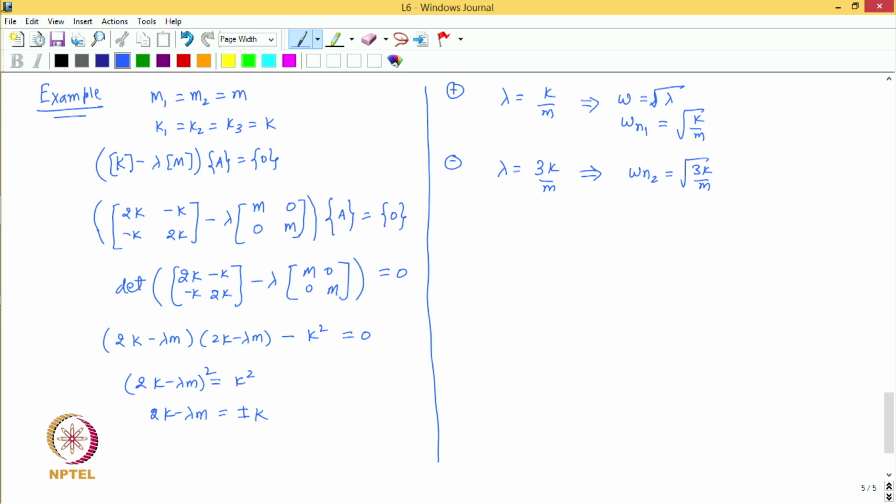Now, to obtain the eigenvectors, we substitute the value of the eigenvalue into the eigenvalue problem.